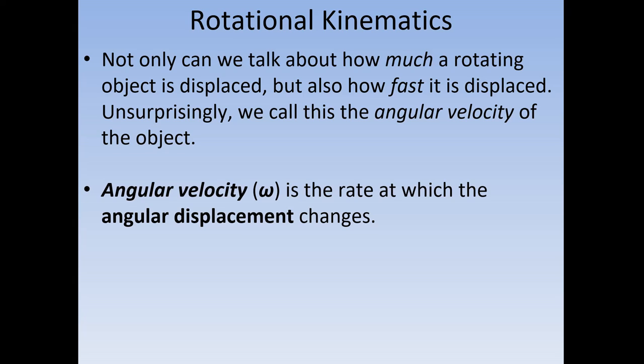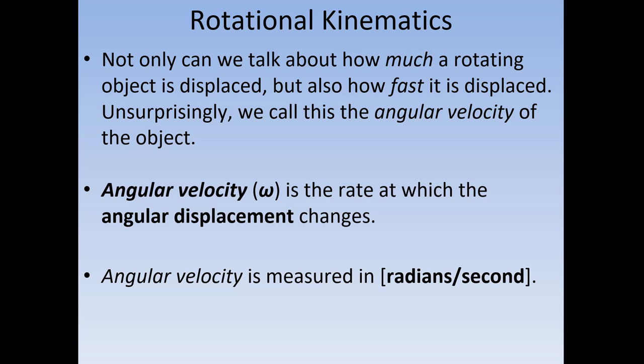If you go back to our previous lessons and notes, you should have noticed that the definition of velocity is the rate at which displacement changes. Angular velocity, very similar to regular velocity, is going to be measured in radians per second because we're talking about how quickly, how many angles, radians, we change every second.